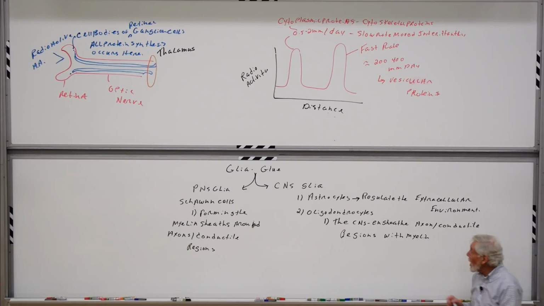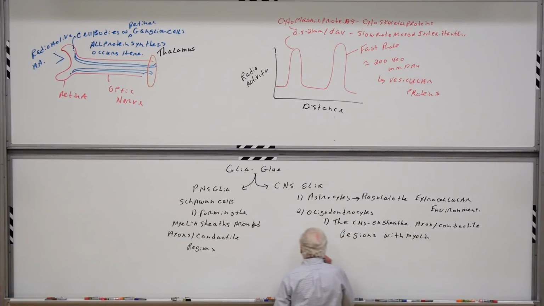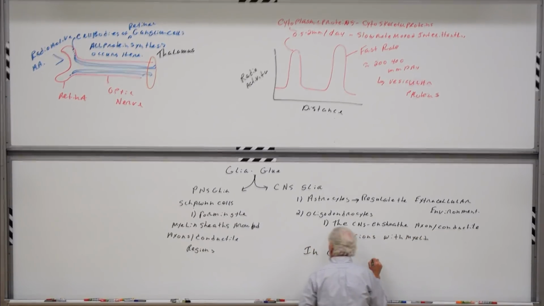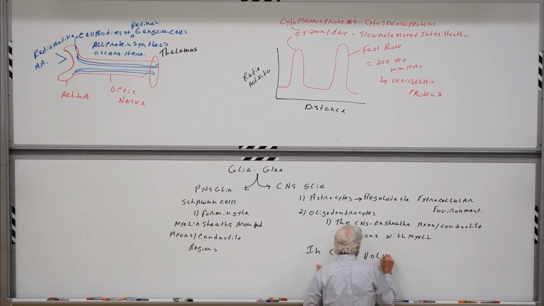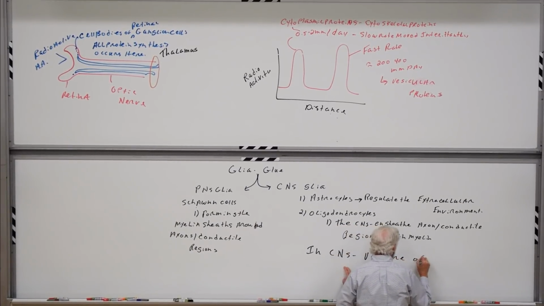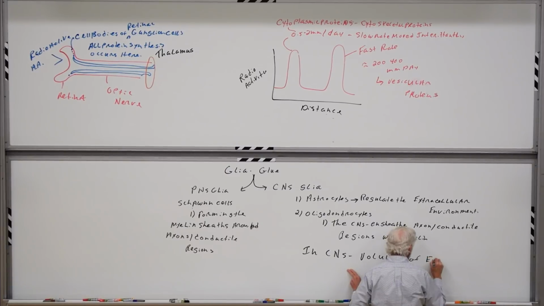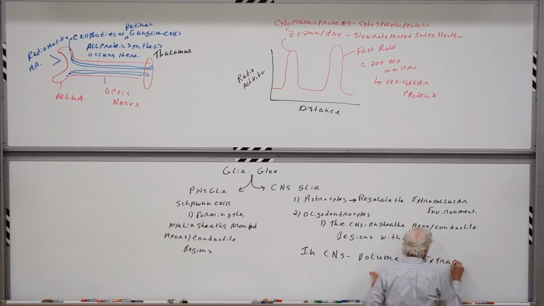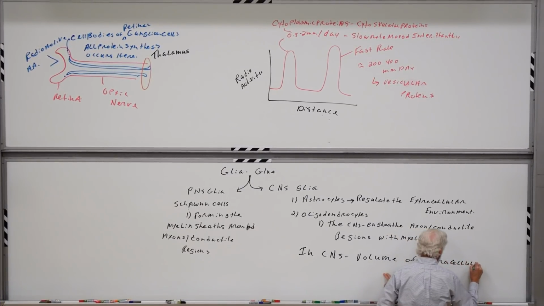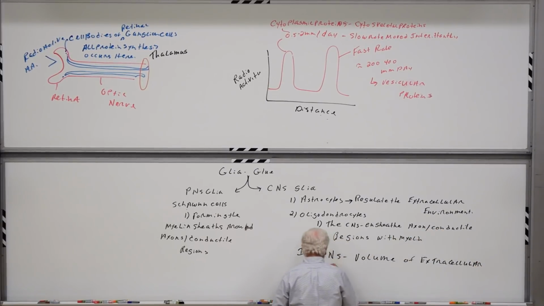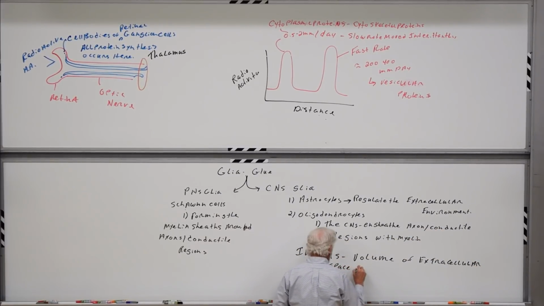So one of the important ideas in the central nervous system is that the volume of extracellular space is limited.